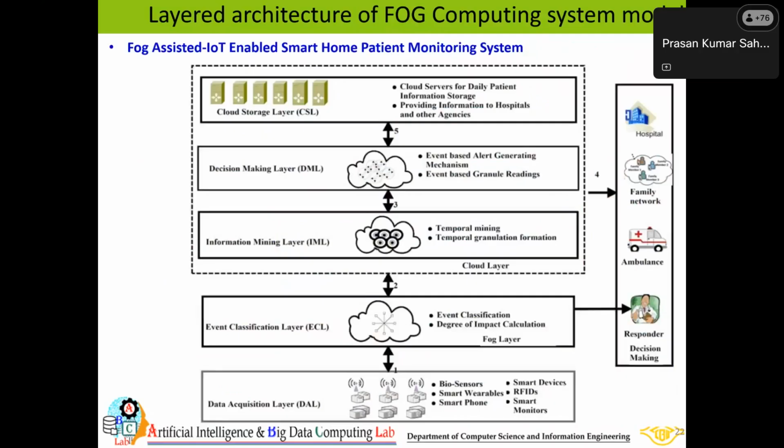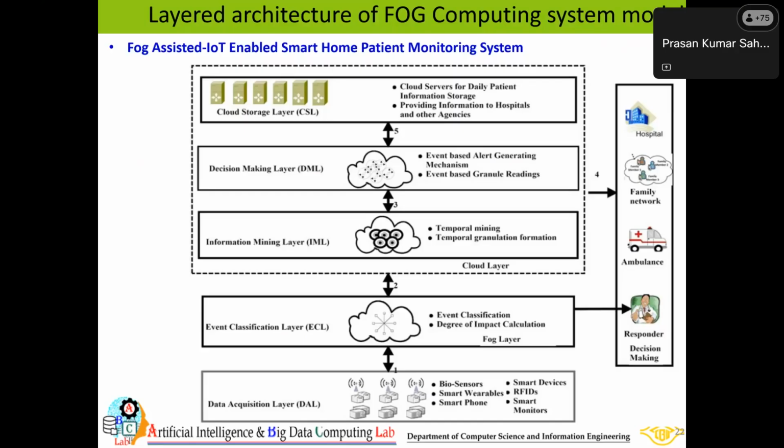So we can consider here the layered architecture of this fog computing system model. It could be the cloud storage layer, and then the decision making layer. If we go from the bottom, I will say the data acquisition layer, that is by the IoT devices, and then next to that, the event classification layer, then the information mining layer, then the decision making layer, and then the cloud storage layer.